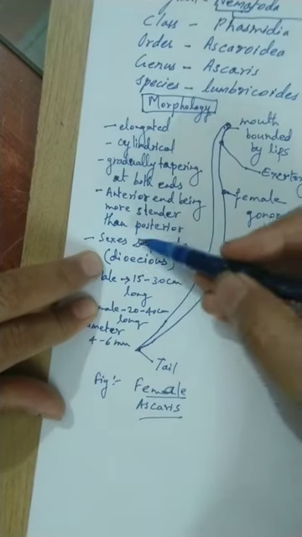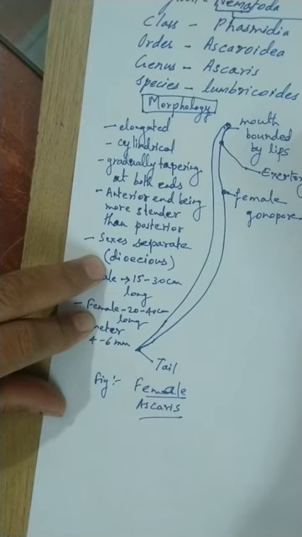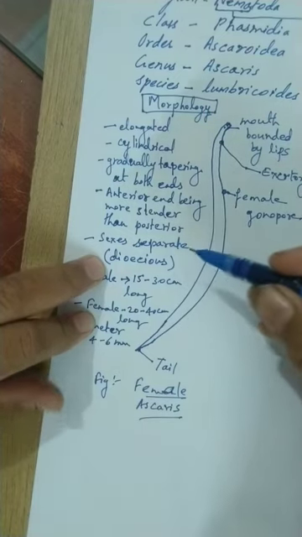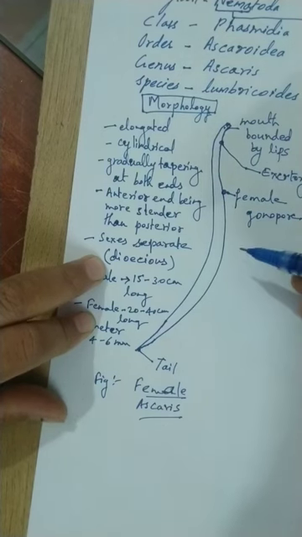Sexes are separate, meaning male and female organisms are separate, so it can be said to be dioecious. Dioecious means sex organs are present in different organisms, male and female.